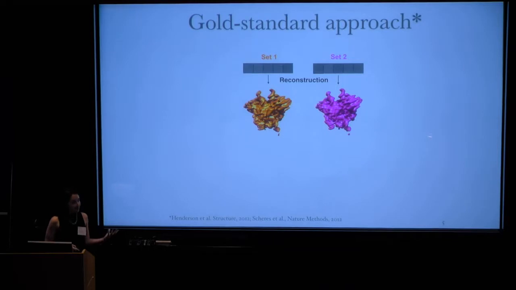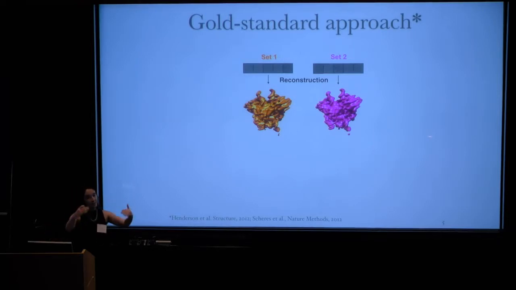In cryo-EM, the gold standard approach is typically used to generate the refinement. What you do is you take your particle images and you randomly select two sets, and you build the three-dimensional models independently using an expectation maximization algorithm.